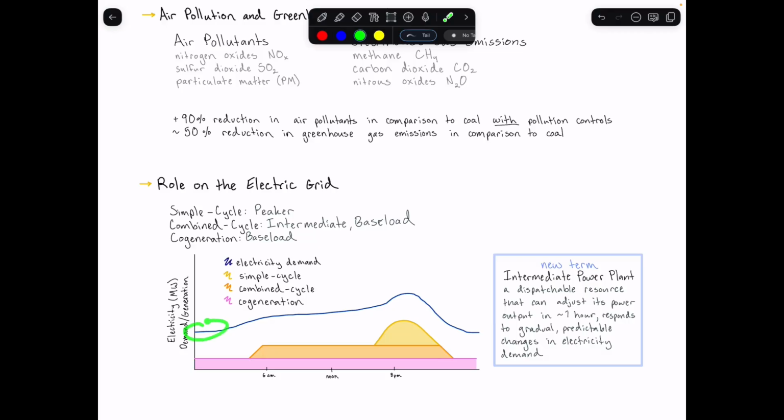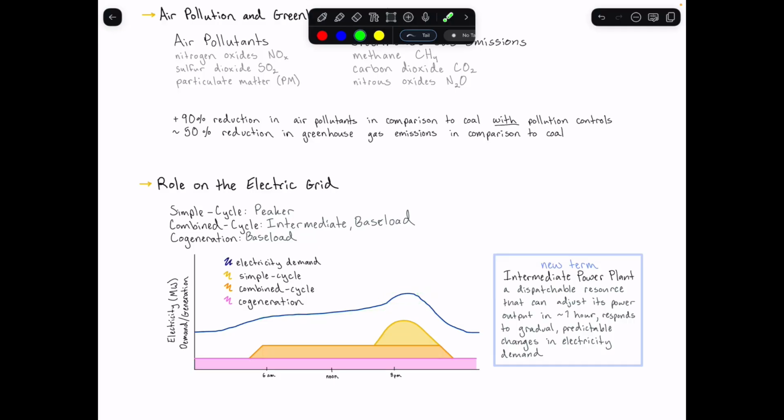In the evenings, there tends to be less electricity demand because people are sleeping, they have their electronics turned off, they have the lights turned off. But in the middle of the day and in the later afternoon, there tends to be higher electricity being demanded because people are turning on their lights, their TVs, their coffee makers, they're charging their cars, etc. So there tends to be higher amounts of electricity demanded during these times.